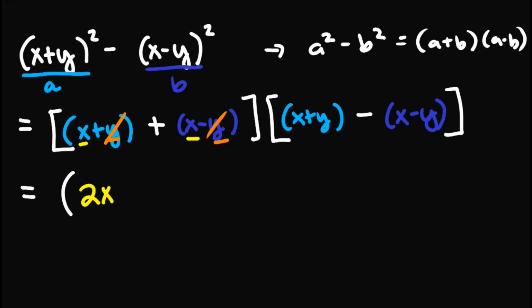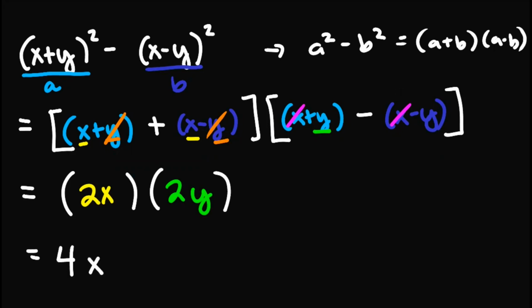And then for the next one, we have x minus x will cancel out, and y minus negative y will give us 2y. So this one out here will be 2y. Simplifying, this will give us 2 times 2 is 4 times x and times y. So that is the final answer.